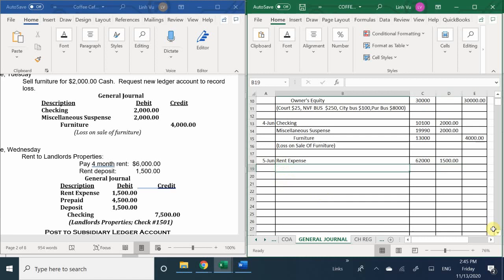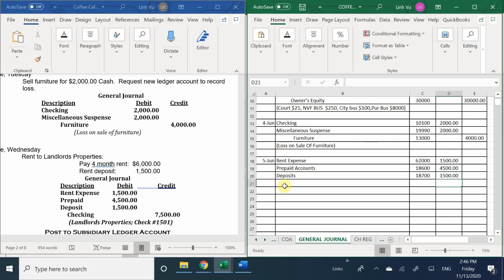I also had a prepaid account, which was 18,600 for the total of 4,500. And then lastly, I also need to put deposit, because I had to make a rent deposit for the account number 18,700 for the total of 1,500.